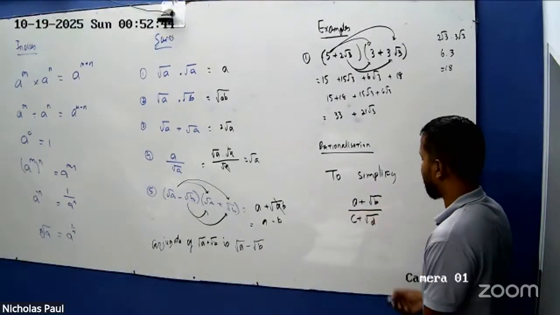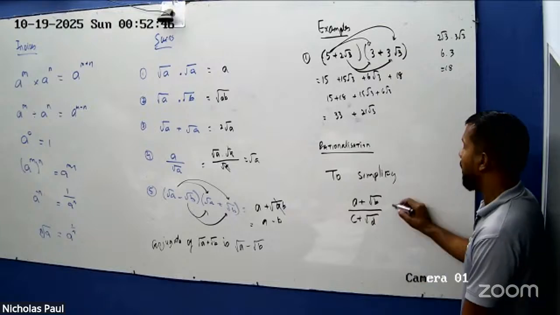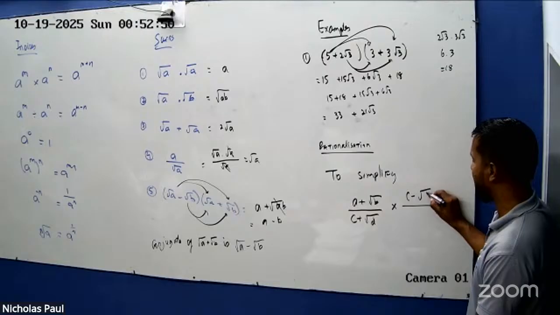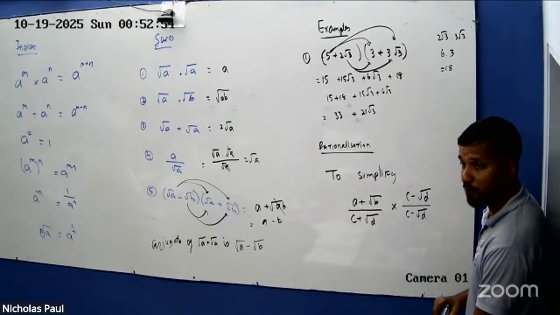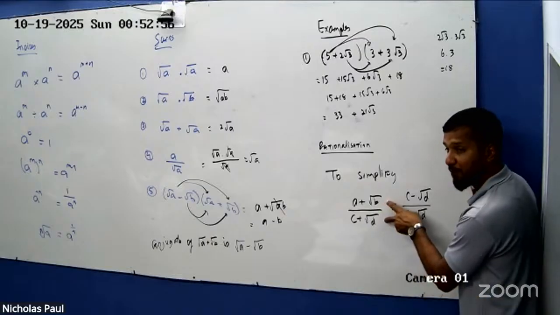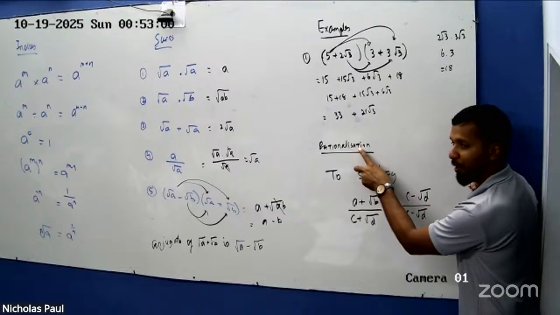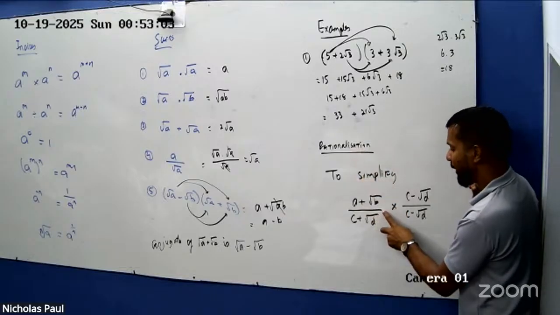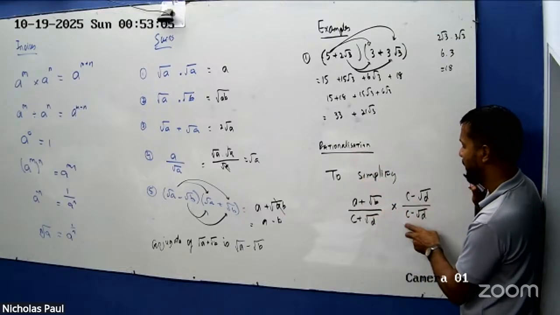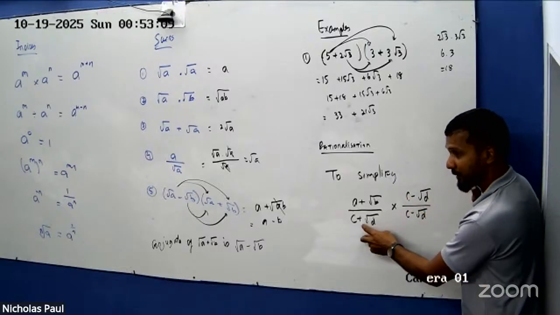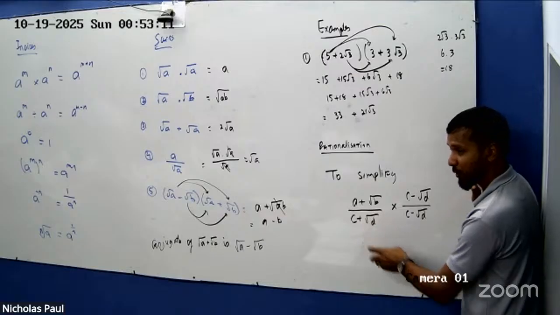Multiply by the conjugate of the denominator, which is C plus root D, all over itself. That's okay? So how do we simplify these fractions? We do a technique called rationalization. So we multiply by C plus root D over C plus root D. How do we get this? Conjugate of it. That's okay? Jordan?